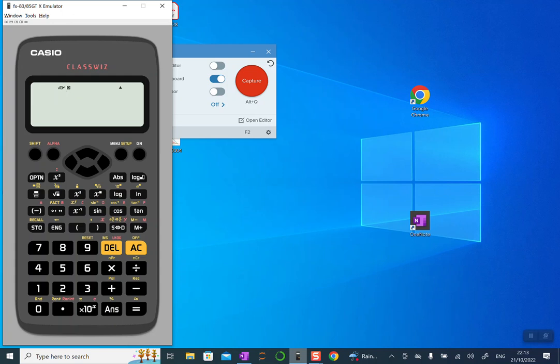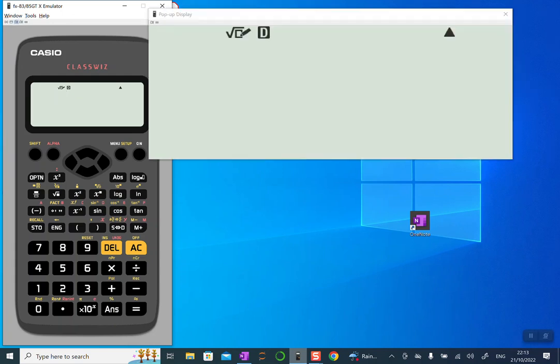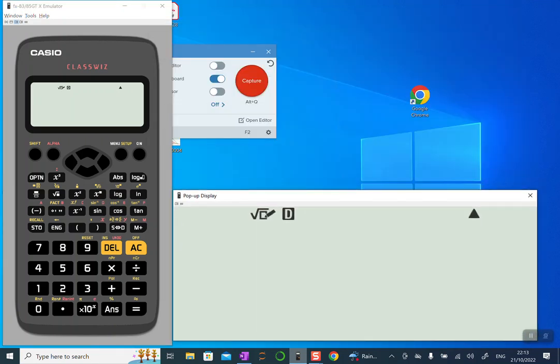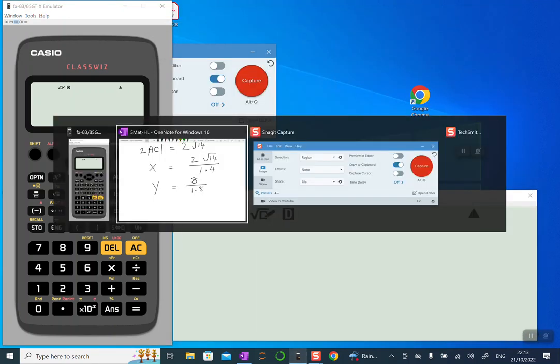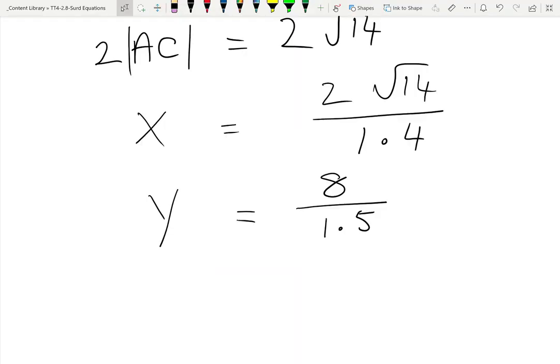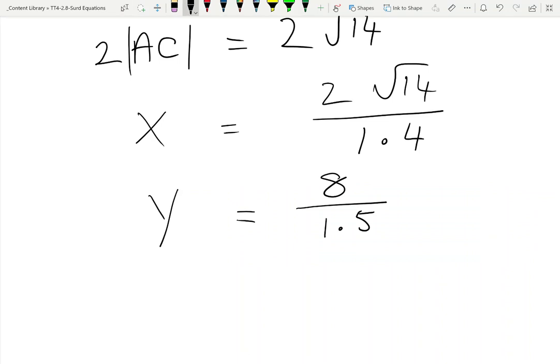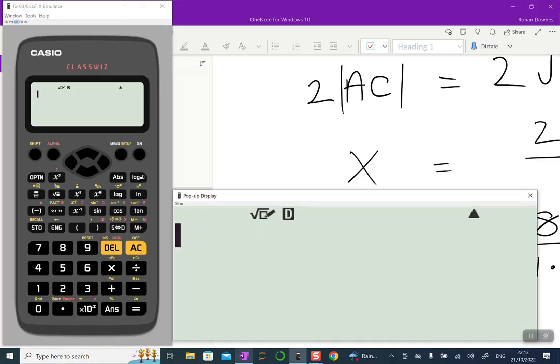Clear it. I'll pop open a side window for you there. Oh, I know. I have to take that off full screen. Don't know why, but I do.